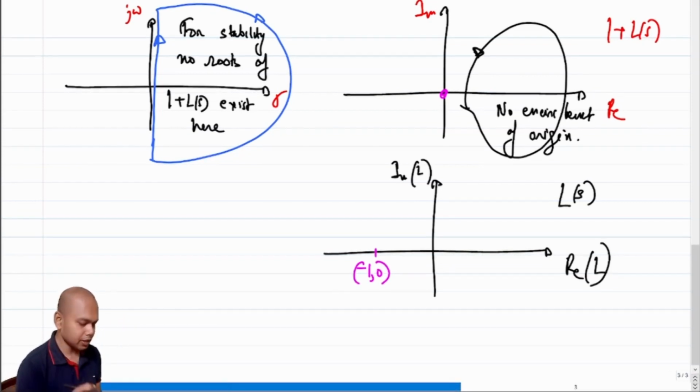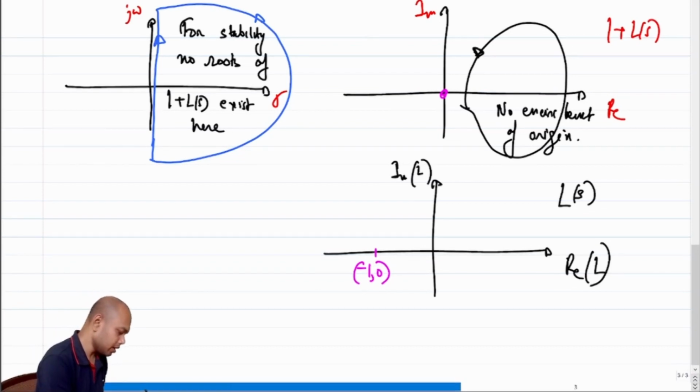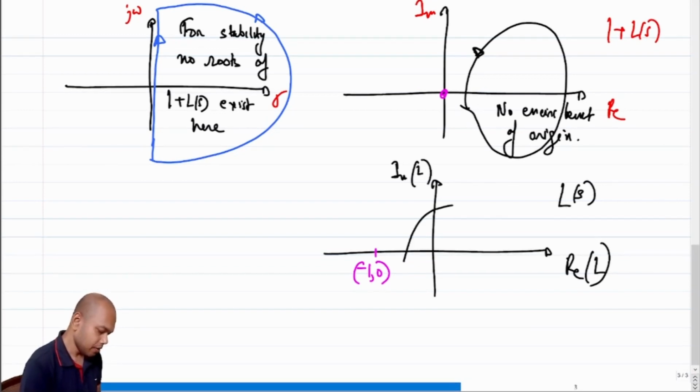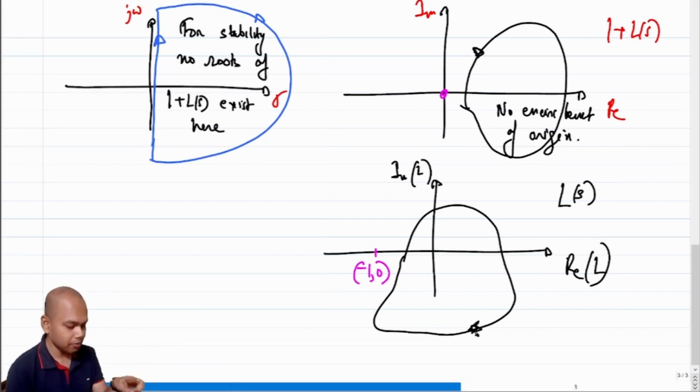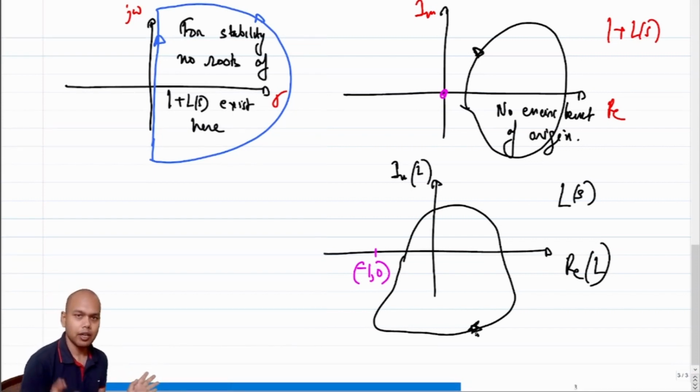And we'll do the same exercise, and all we have to ensure is that if the closed contour in the L domain does not encircle minus 1, 0, then we are fine, right? That's all we are trying to ensure.